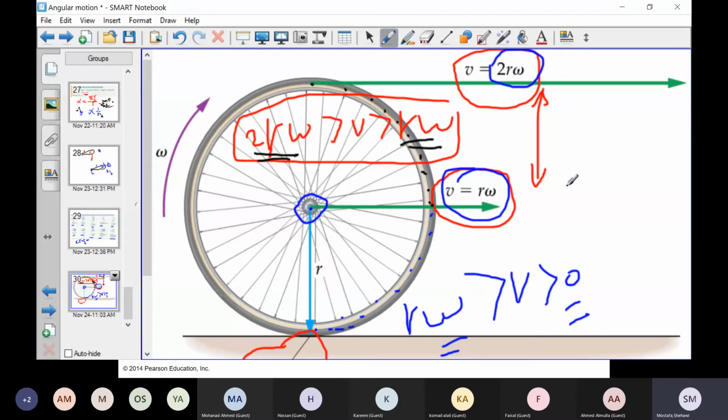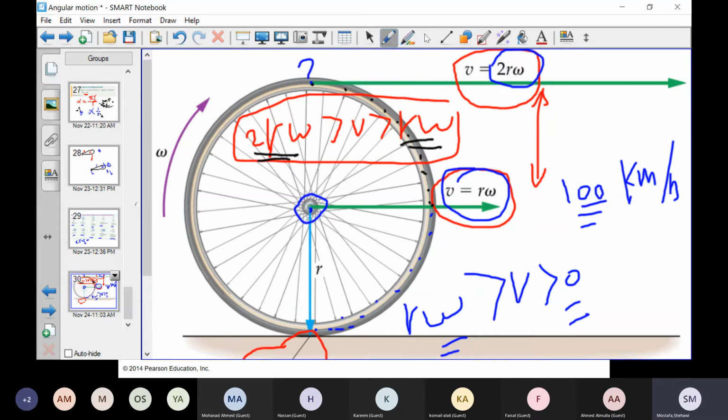If you're moving with 100 kilometers per hour, the speedometer reads only 100. This is the speed of the center of mass, the axis of rotation. What about the speed of the top of the wheel? If the speedometer reads 100, the top of the wheel will be what, guys?